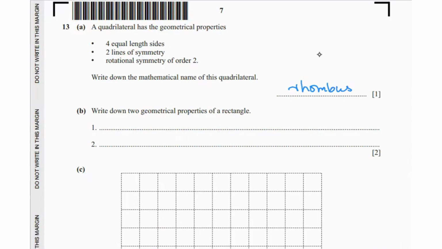A rhombus has 2 lines of symmetry because it's shaped like this. All sides are equal, but your diagonals are of different lengths. Angles are also different. These 2 angles are the same, and then these 2 angles are the same. It looks similar to a parallelogram, but the properties are different. A quadrilateral with 4 equal sides, 2 lines of symmetry, and rotational symmetry of order 2 is always a rhombus.